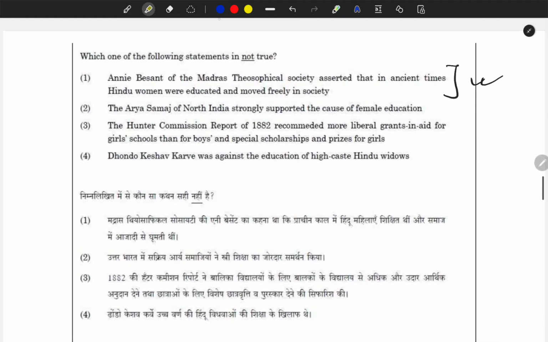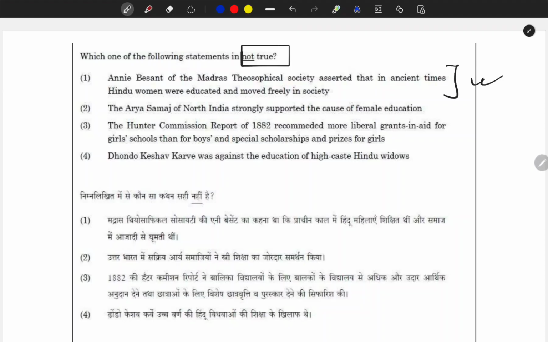But here they are asking about an incorrect statement, not a true one. So until and unless we get something that we can surely say is not correct, we will consider this kind of progressive statement as correct.